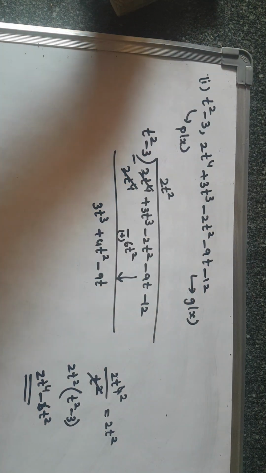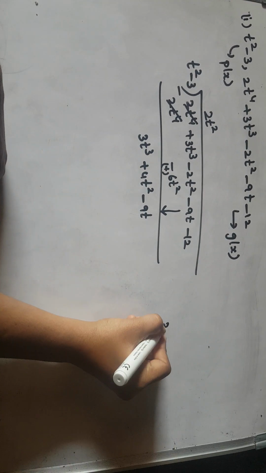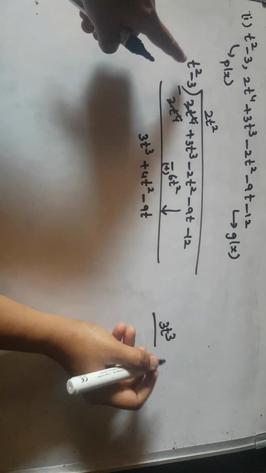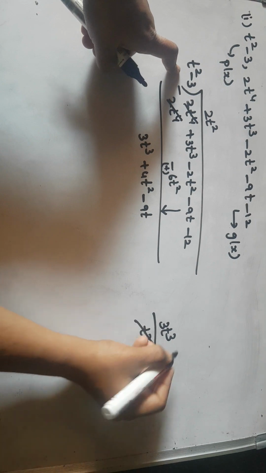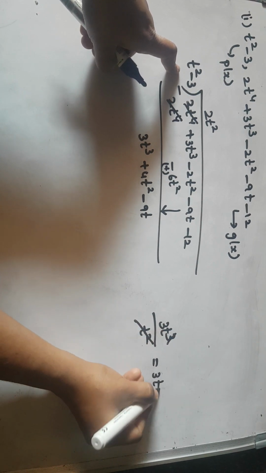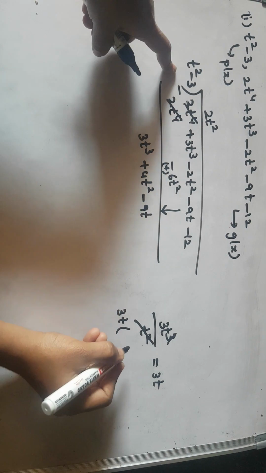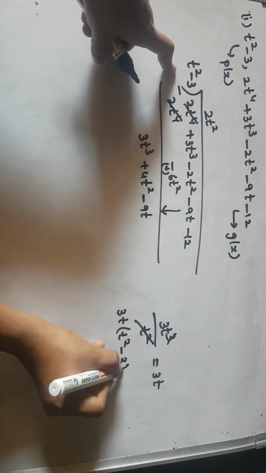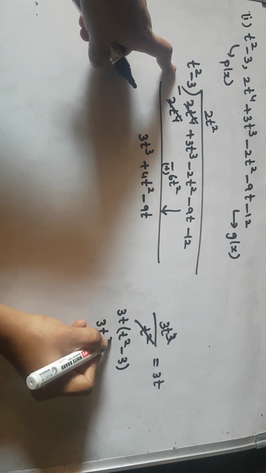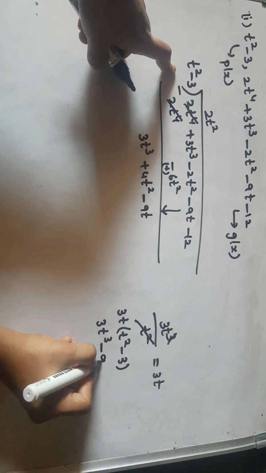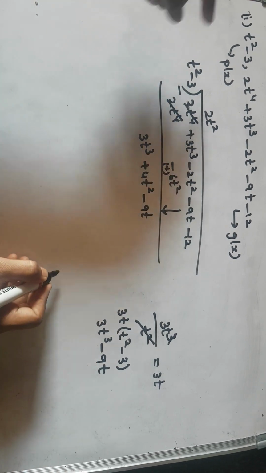Now again divide 3t cube by the first term t square, this value becomes 3t. Now again multiply 3t with these terms, t square minus 3: 3t cube minus 9t.